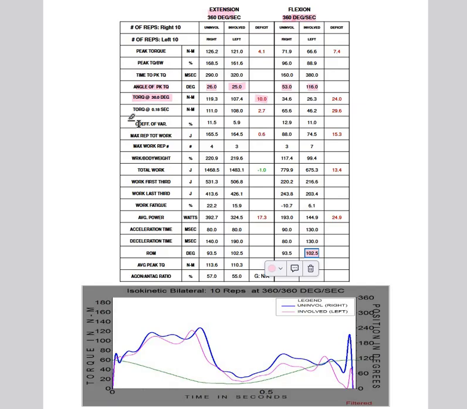Whilst we're here, I just also want to mention, because it doesn't really warrant its own video, the coefficient of variance. Now this measurement is essentially a score of the validity of your results. It is the variation that has occurred between the repetitions in terms of the duration and the magnitude of the torque.